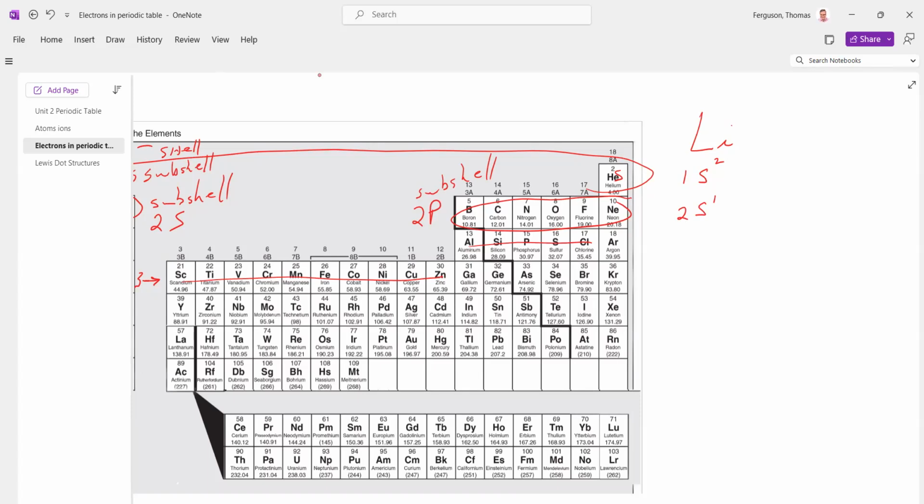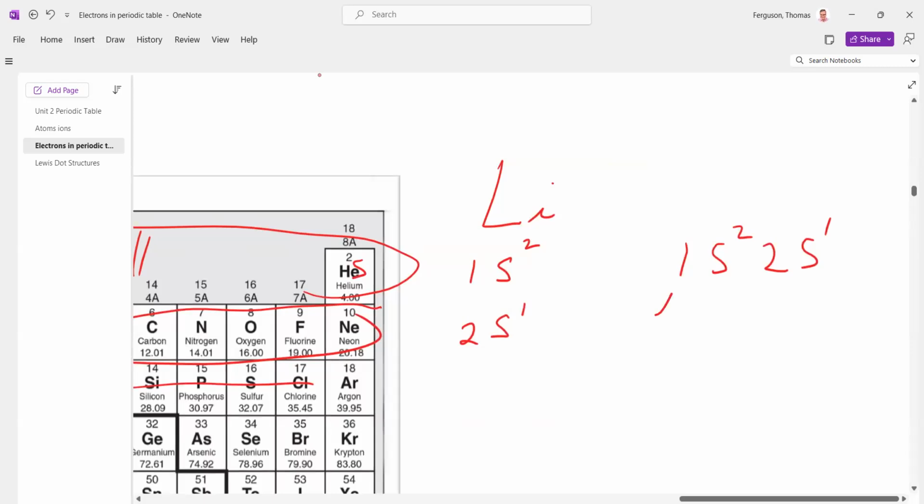So the electronic configuration for lithium would be 1s2, 2s1. I'm going to talk about that in a second. So the first number is what shell it is. The superscript is how many electrons are in that shell.